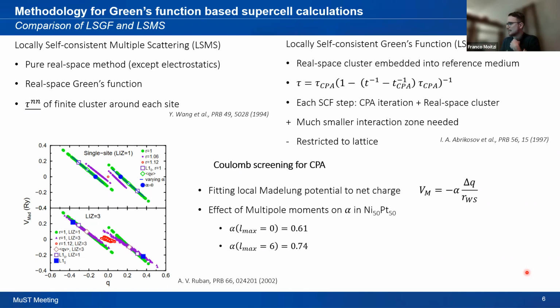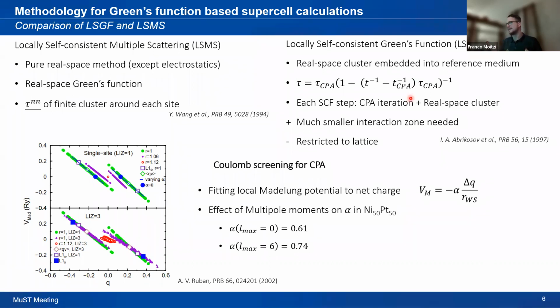So we get our tau matrices by solving the Dyson equation, where we have the t matrices, the site-diagonal t matrices from our clusters, and these transformed t matrices from our CPA.